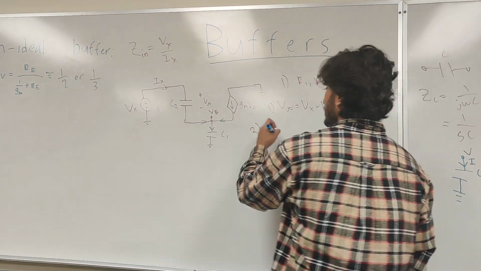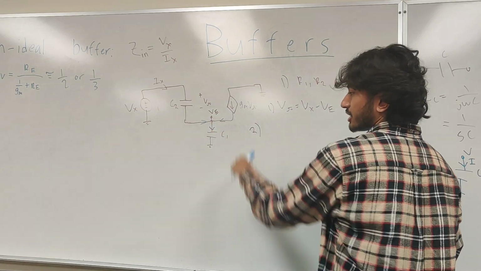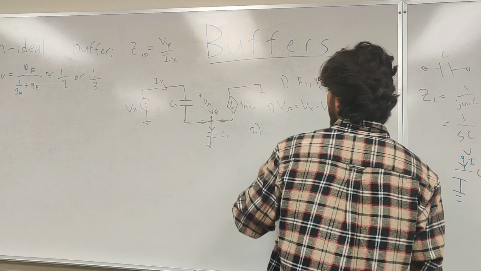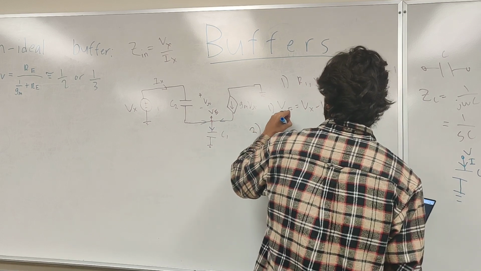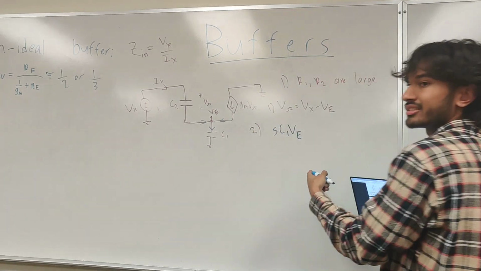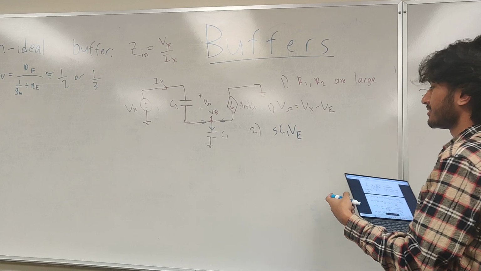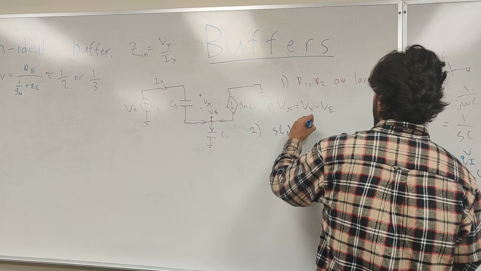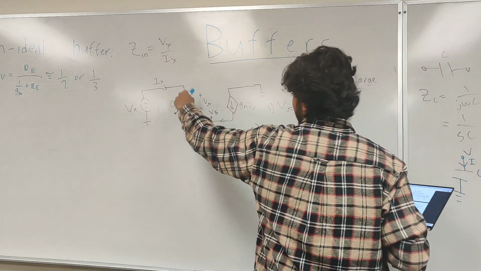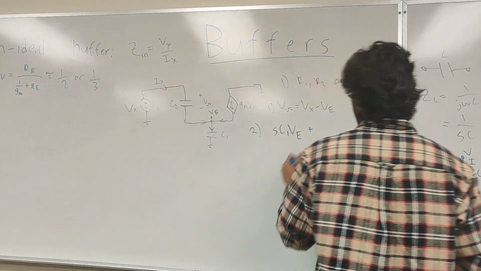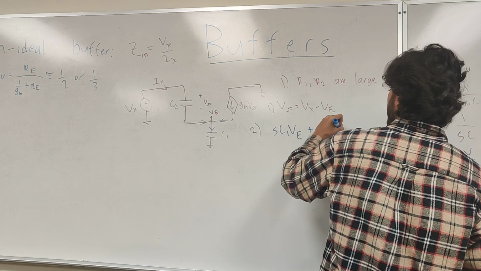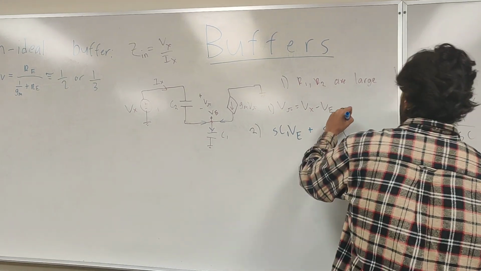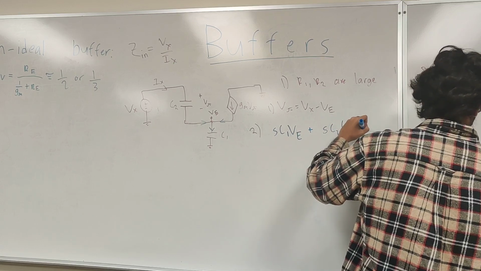It's very tricky. So over here, if we apply this idea, the current going down here is going to be SC1 VE. Any questions on that? Okay, cool. SC1 VE, and now we're going to add this current here, so it's going to be SC2 times VE minus Vx.